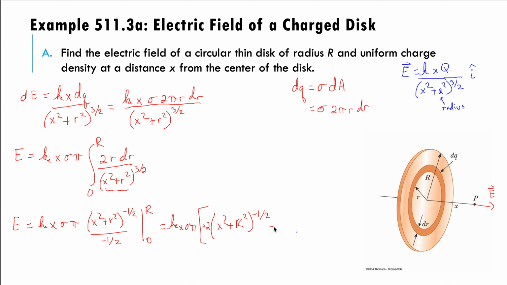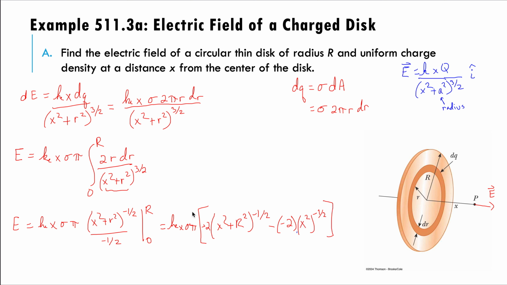And then we're going to subtract. Again, let me bring that negative 1/2 over. It's going to be negative 2. And then the r squared is going to be 0, so it's just going to be x squared to the negative 1/2, which is x to the negative 1.